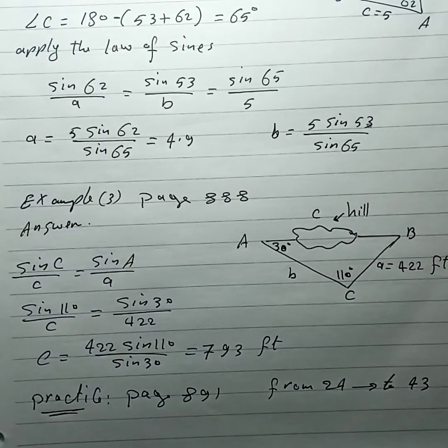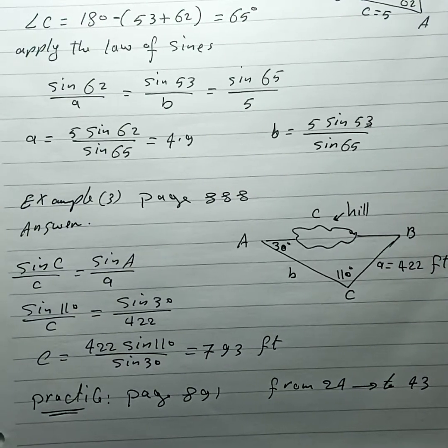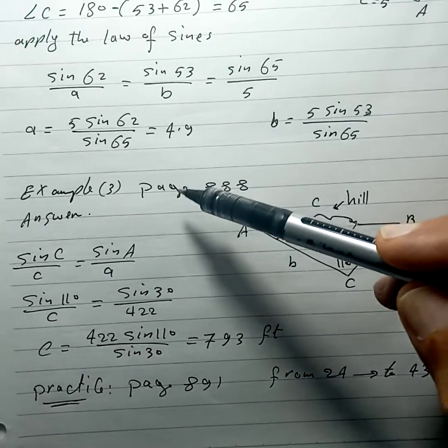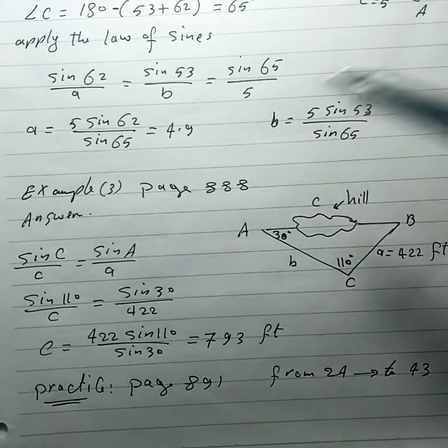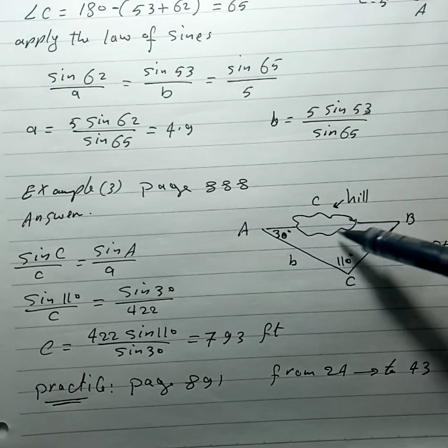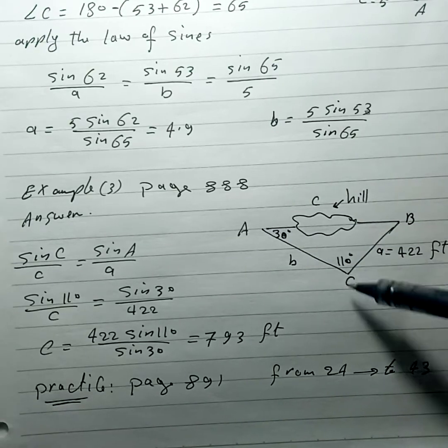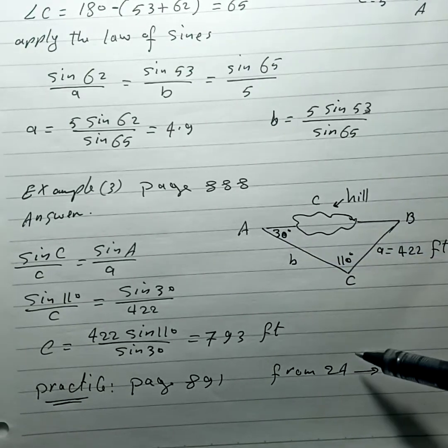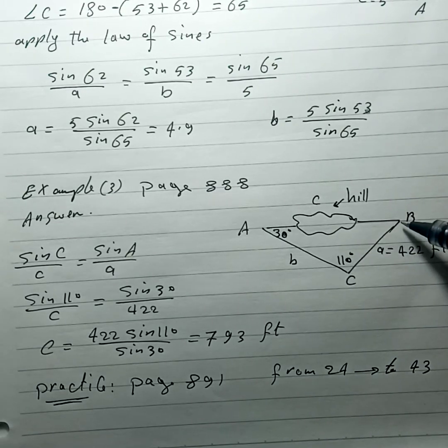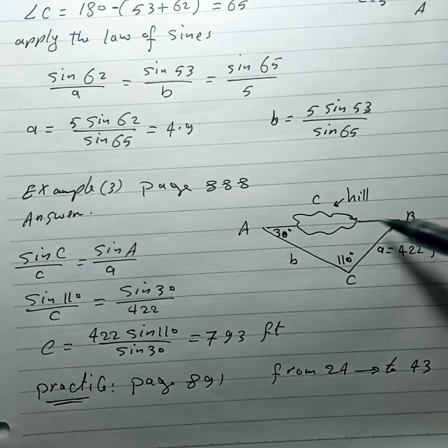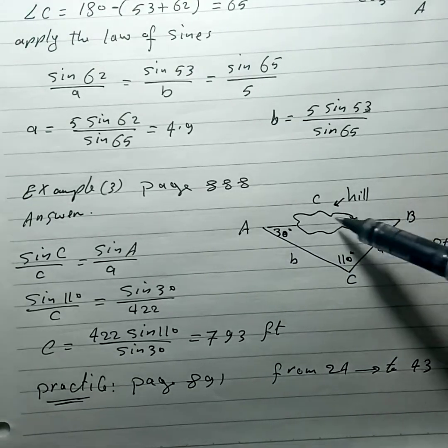Example 3 is a word problem, and it is on page 888. There is a hill between these two points, and there is a triangle, and we need to get the distance between point A and point B, but we cannot measure it because there is a hill here.